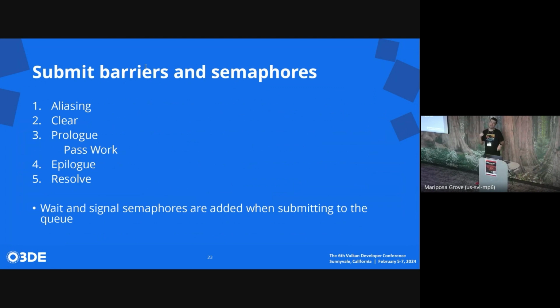And finally, we have the resolve stage, where we emit all of the resolve barriers along with the resolve operations. Also, the semaphores that do the signaling and waiting for the cross-queue synchronization are added to the command buffer when submitting to a queue.